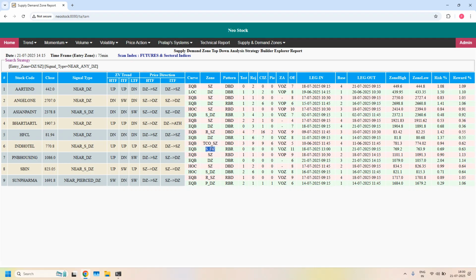Indian Hotel is having a 75 minutes high liquidity demand zone. State Bank of India is also having a 75 minutes high liquidity demand zone. So in total, 3 75 minutes high liquidity demand zones from this list.